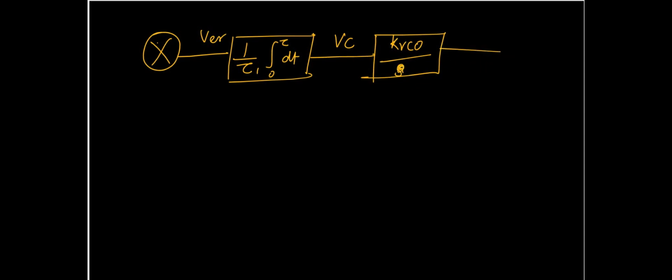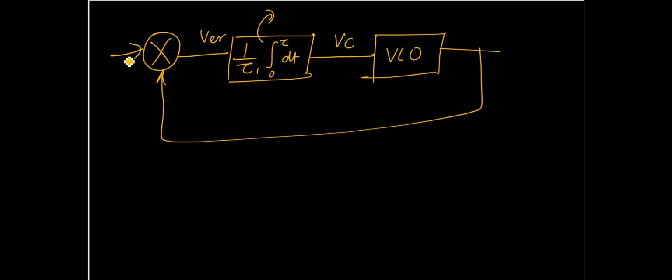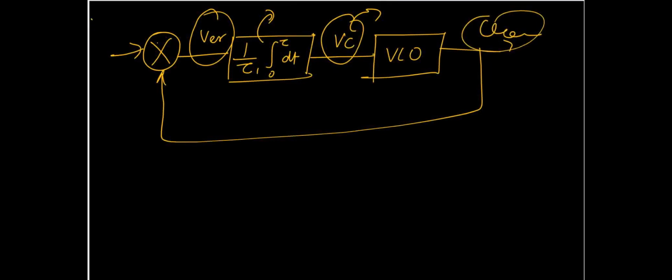No, leave it, not in s, because I am keeping this integrator in normal form. So let's keep it as Vc only, and then feedback, and then some input, all that. Is everything fine now? See, you are giving V error and you are getting an amplified version as Vc. So everything is okay. Since your Vc is high, your omega out will increase, and at a time, this omega in will become equal to omega out. So what was our issue? The issue was PLL is not able to lock because the Vc is not high enough. Now the Vc is high enough, and our problem is solved.